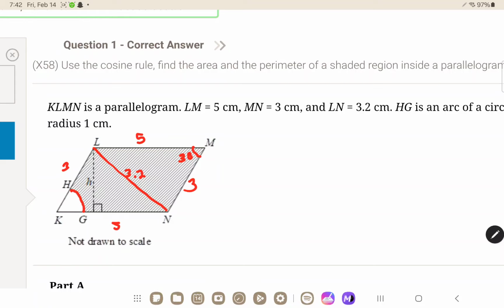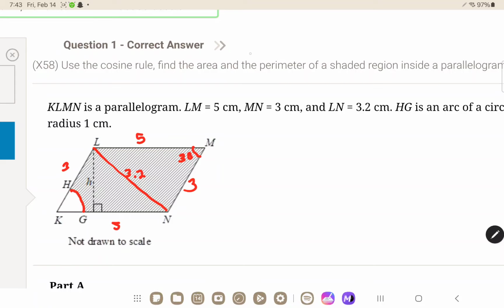Now, what they want is us to find the area of HLMNG without HGK or HG, the arc itself. You need to subtract it. So what we need to find is the area of the parallelogram itself.